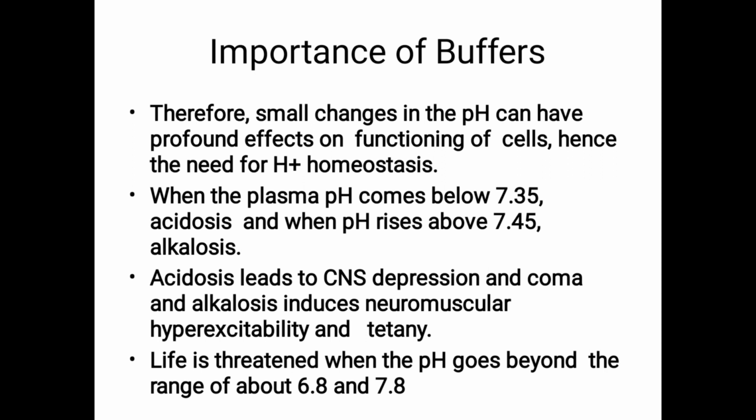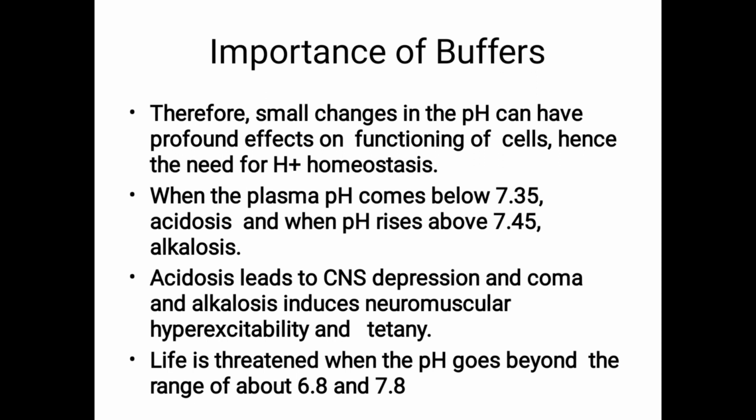When the plasma pH comes below 7.35, it is called acidosis, and when pH rises above 7.45, it is called alkalosis. So there is a narrow range of blood pH, 7.35 to 7.45, that needs to be maintained. This may be a one word question or an MCQ for you.